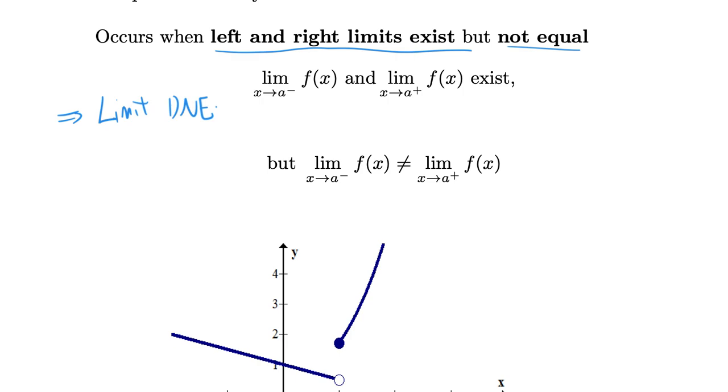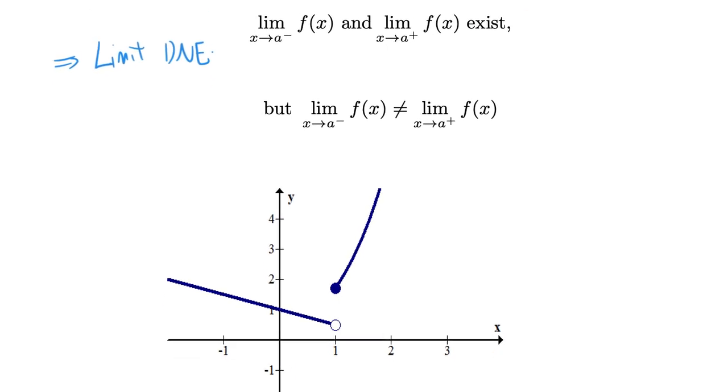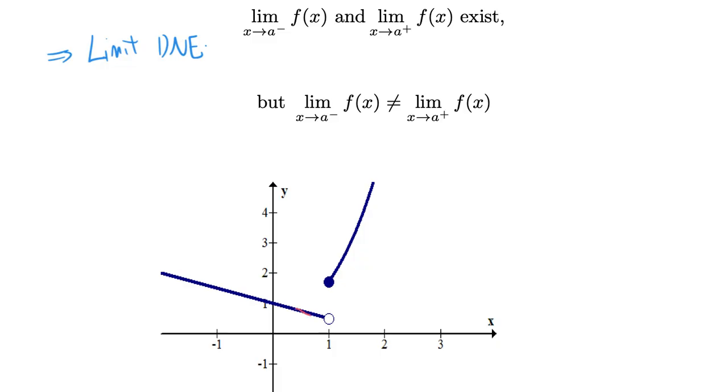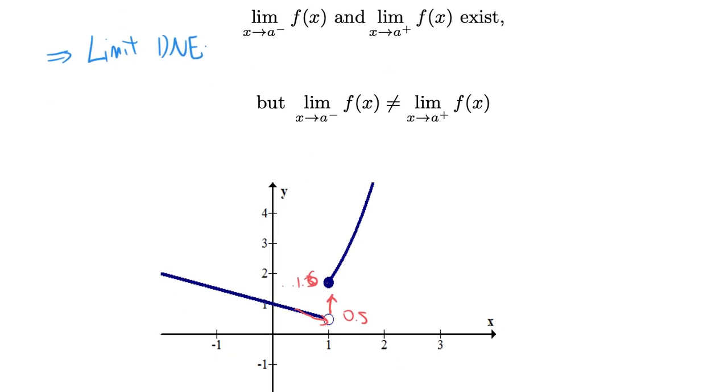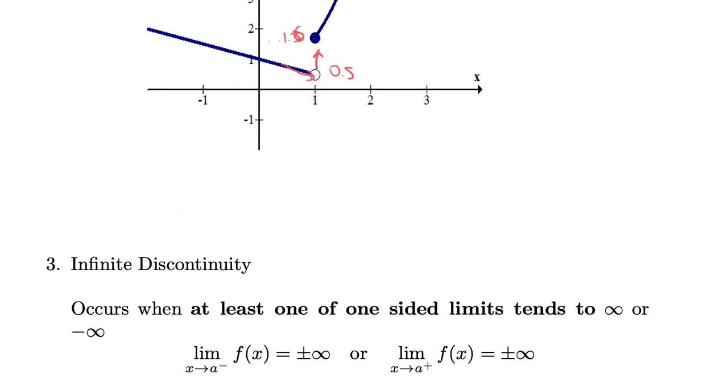And hence, this is in fact just one of the ways in which a limit does not exist. Here, for example, we have the limit from the left-hand side is, let's say, 0.5, and here roughly 1.6, let's say. But anyways, they don't agree. And so therefore we have a jump discontinuity. And literally, we are jumping from one point to another.